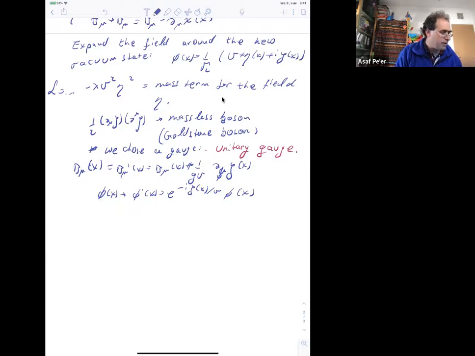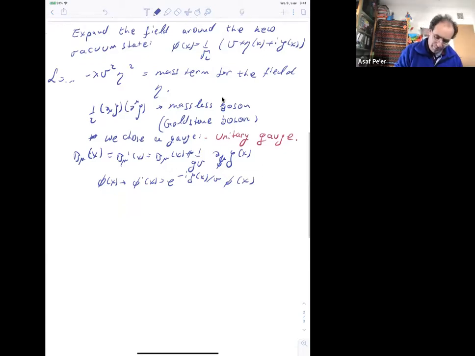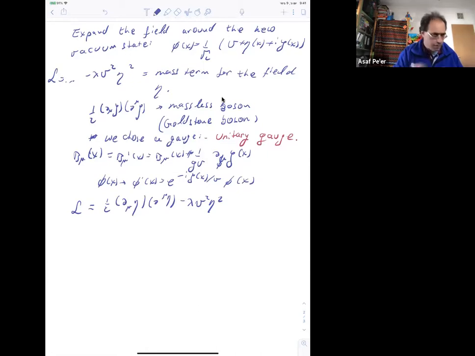And that gives us a Lagrangian with d mu eta minus lambda v squared eta squared, so there's a kinetic term and the mass term for the eta particle, minus 1/4 F mu nu squared, plus 1/2 g squared v squared B prime mu B prime mu, plus interaction terms.